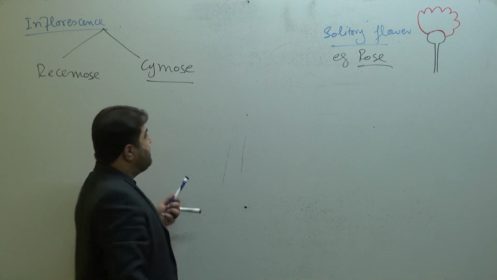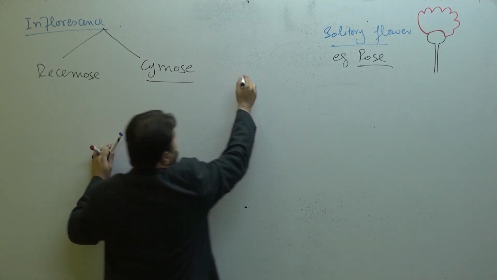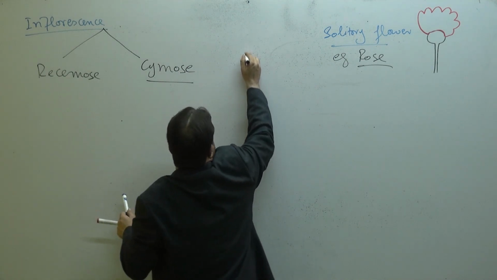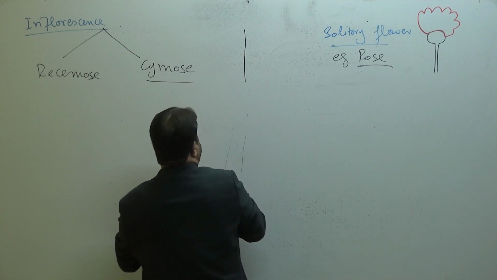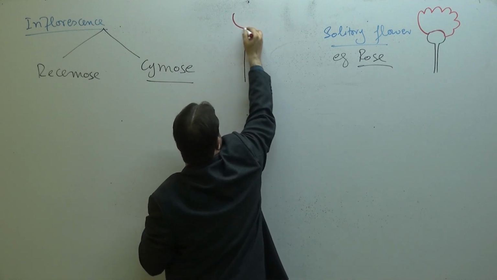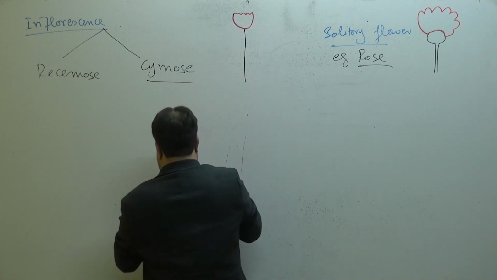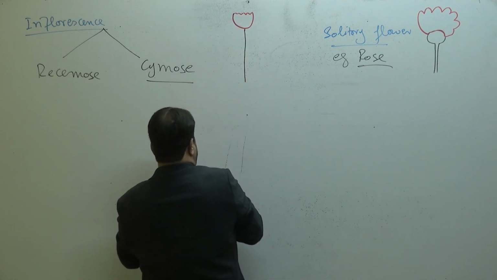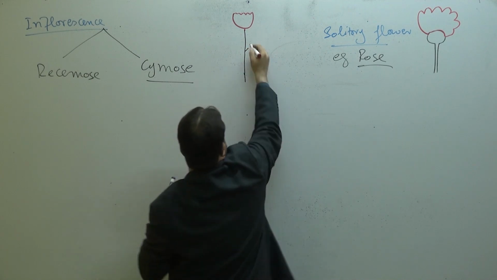What is the difference between racemose and cymose? In the case of cymose, the main branch soon completes its growth, and then it gives rise to the flower. The new flowers develop from the base of the old flower.